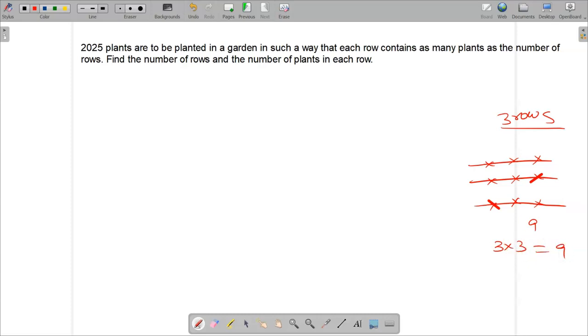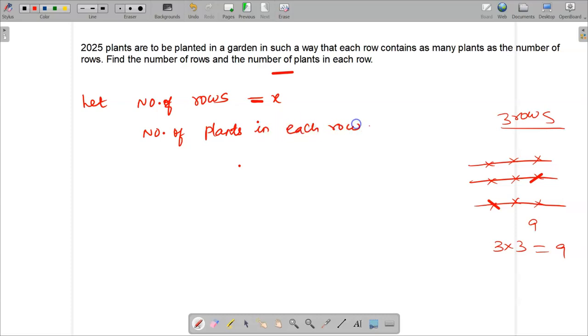Using this concept we are going to find out the number of rows and the number of plants. Let me consider the number of rows equal to x. Similarly the number of plants in each row, both are equal, so it is equal to x.